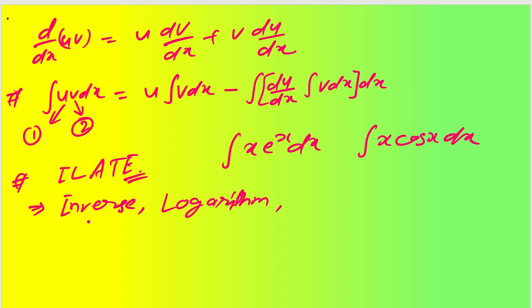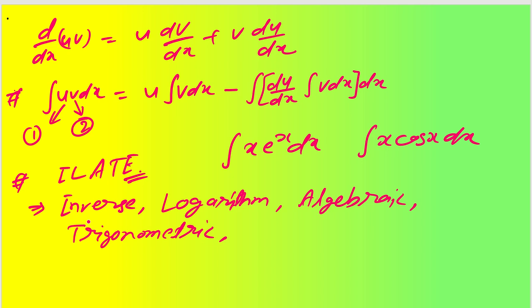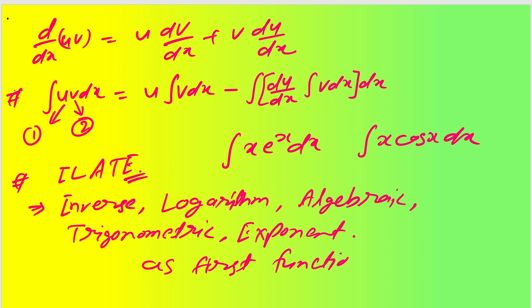Then A is the algebraic function, then T is the trigonometric function, and last we take the exponential. This is the preferred order for taking the first function. I hope you now have a good understanding of how to choose the first function in integration by parts.